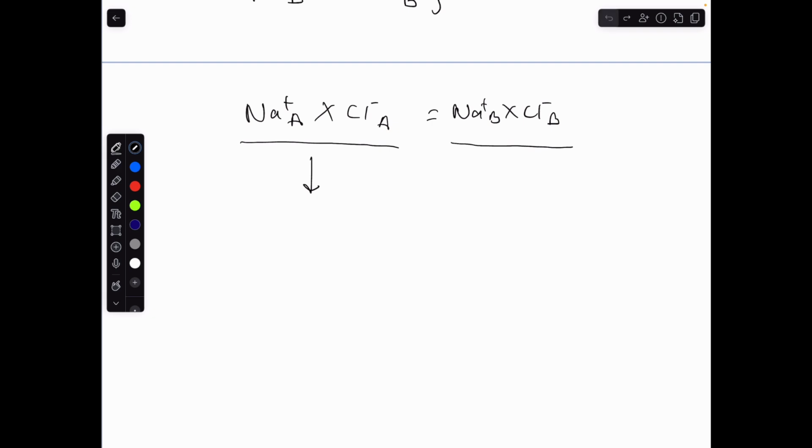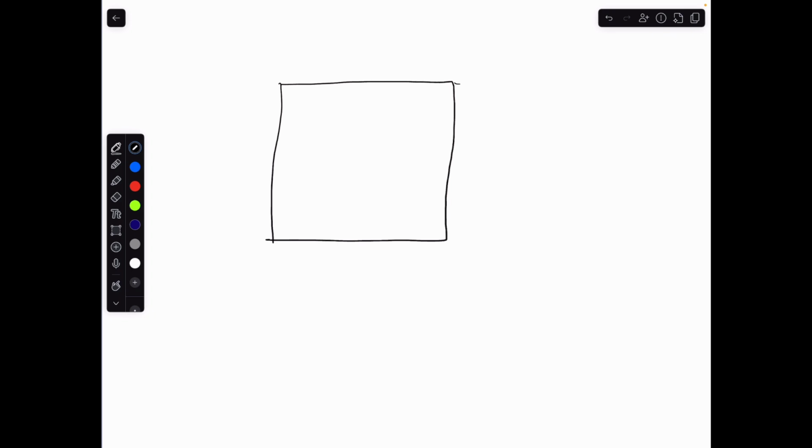Now, moving ahead. As you know, things aren't perfect in life, and so are things not perfect in our cell body. Suppose we take two compartments, A and B again, which are separated again by a semi-permeable membrane.